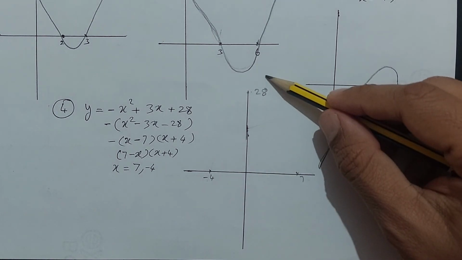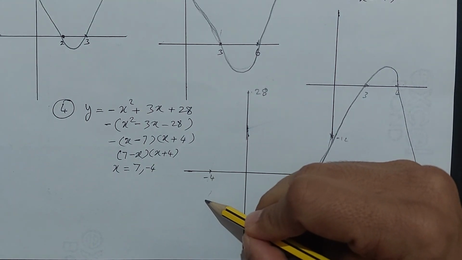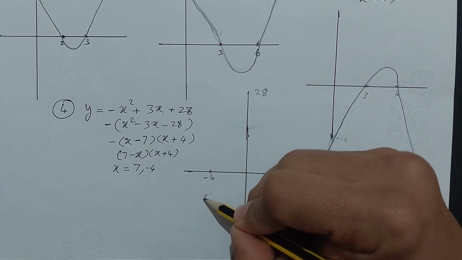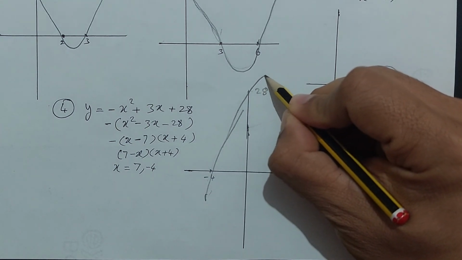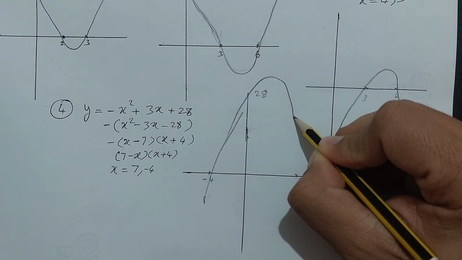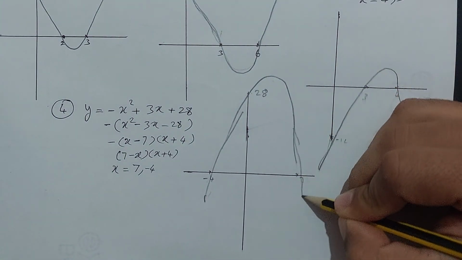So somewhere here is the turning point. So whenever you're drawing these types of graphs, just go smoothly, go up, then take a turn and come down smoothly.